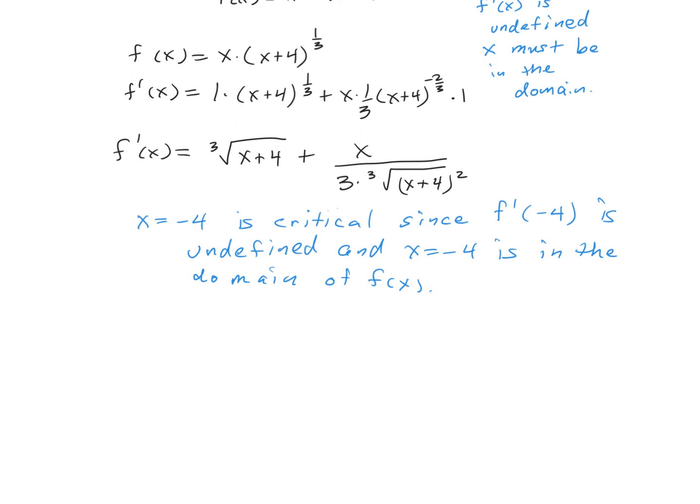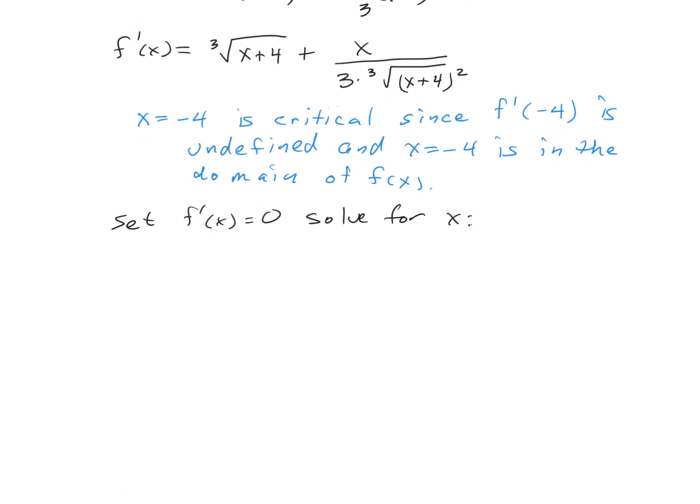Next thing to do is to find out when and if our derivative is equal to 0. So we're going to set f prime of x equal to 0 and solve for x and see what that gives us. So we're going to have the cube root of x plus 4 plus x divided by 3 times the cube root of x plus 4 squared is equal to 0.